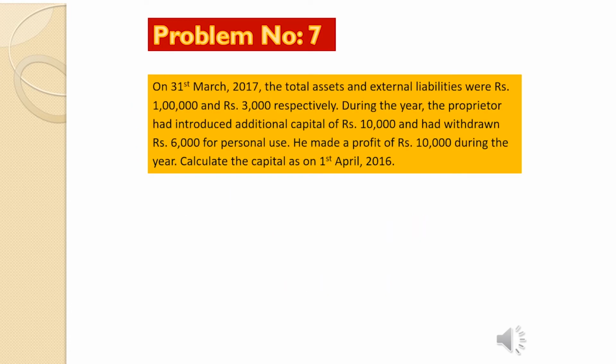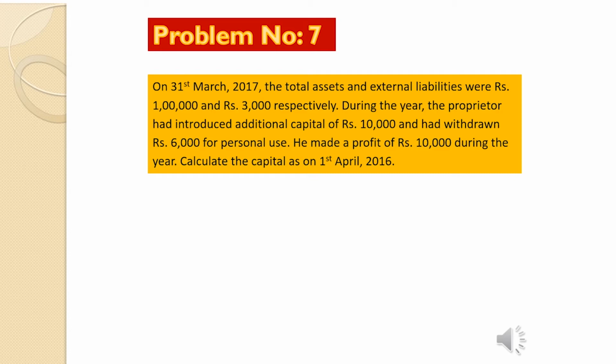The next problem is on 31st March 2017. Total assets and external liabilities were rupees 1 lakh and rupees 3,000 respectively. During the year, the proprietor has introduced additional capital of rupees 10,000 and had withdrawn rupees 6,000 for personal use.